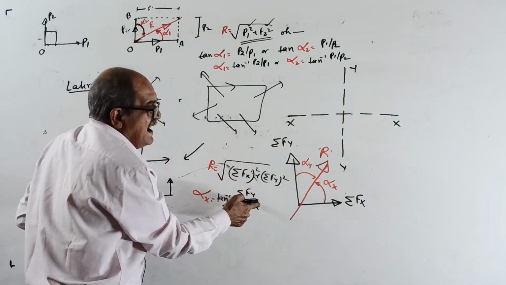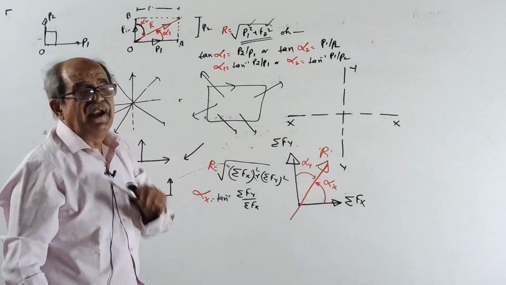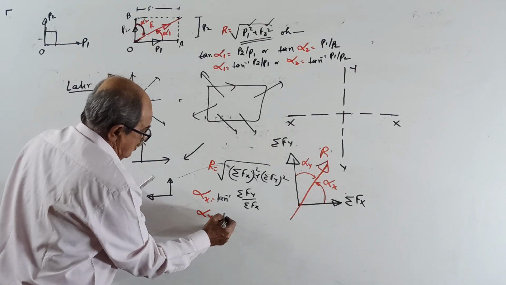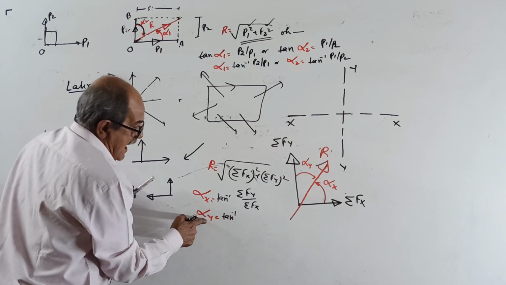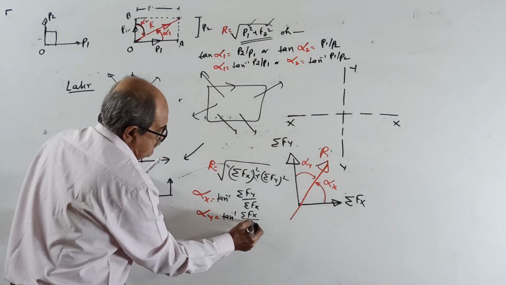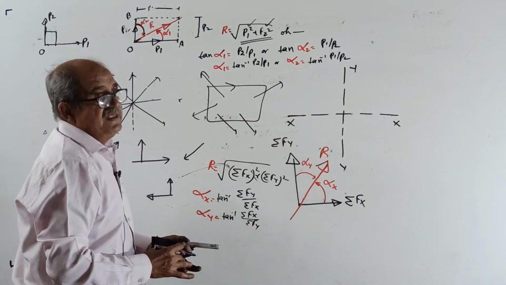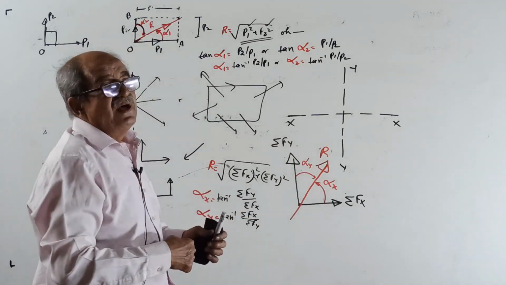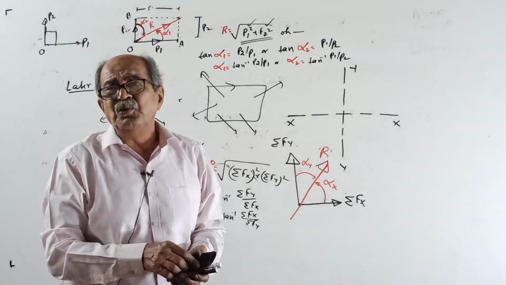This again and again I will explain in the summary. And I will write alpha y equals, if I require, tan inverse of the angle with y, sigma fx by sigma fy. I will not prove it at that time. See, the proof is already here. How many times do you have to prove the same thing?